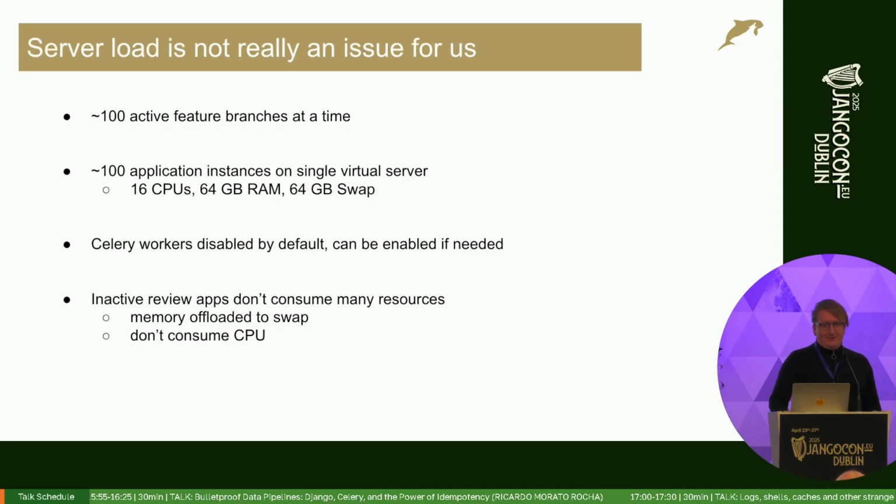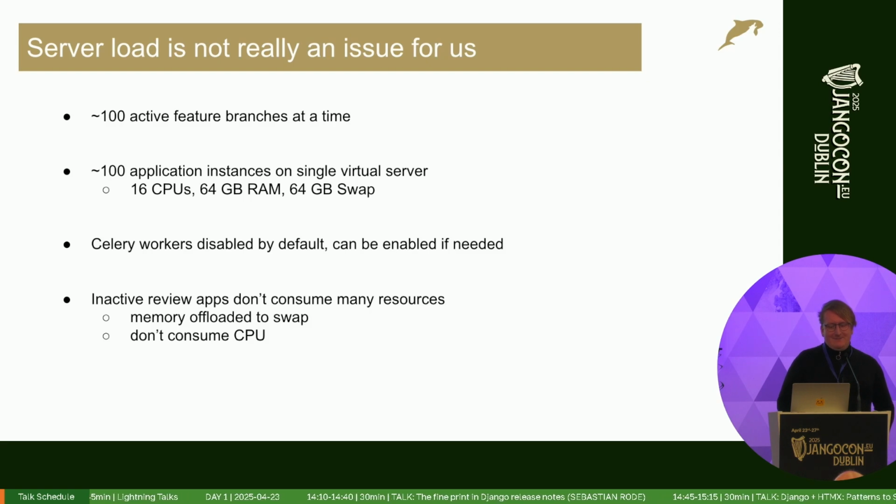And one thing that we noticed here is that, maybe you've noticed, we're running all of this on a single server with about 100 active feature branches at a time, which also means that we have 100 instances of the application that we are developing, which is not that lightweight actually, but it just works with a server that has 16 CPUs and 64 gigs of RAM.